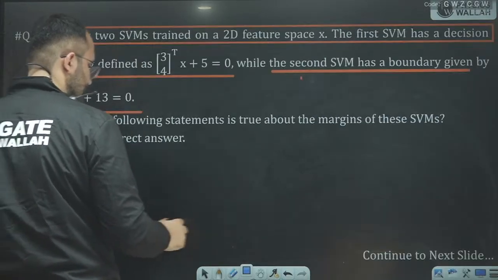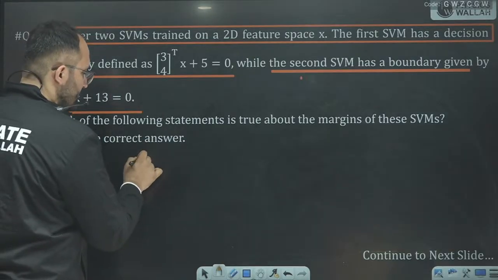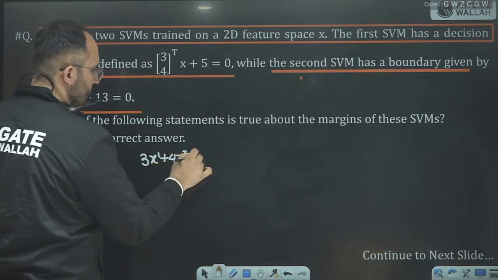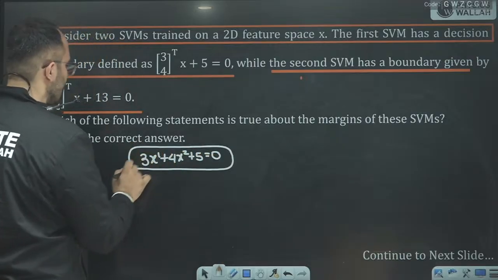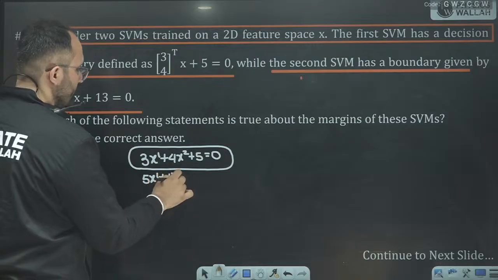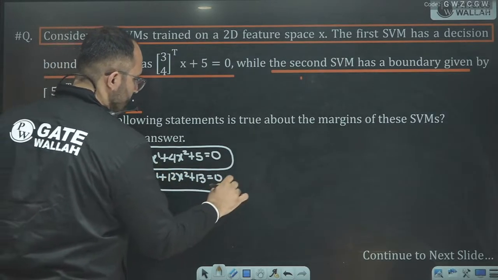So we can see that the equation is 3x1 plus 4x2 plus 5 equals 0. So this is the classifier of case 1, right? This is the classifier of case 2.